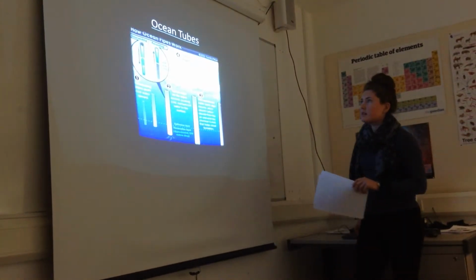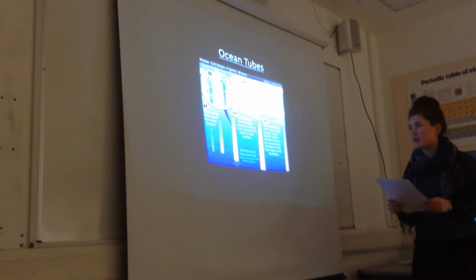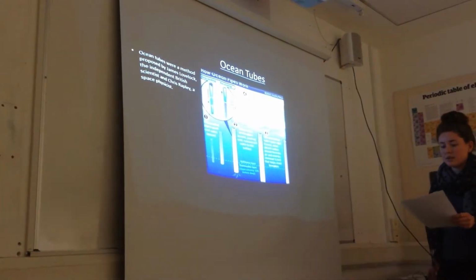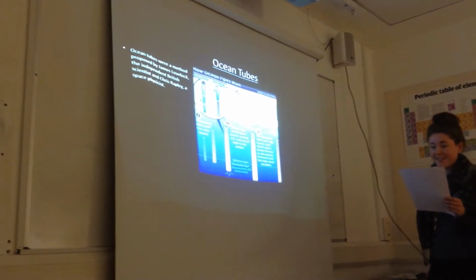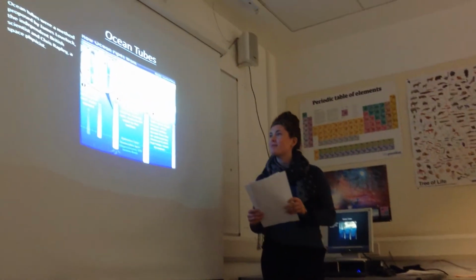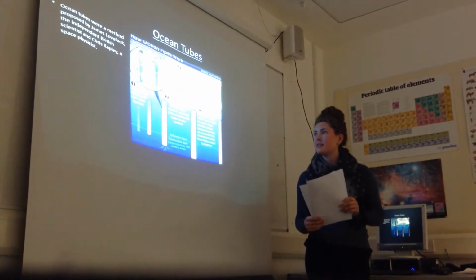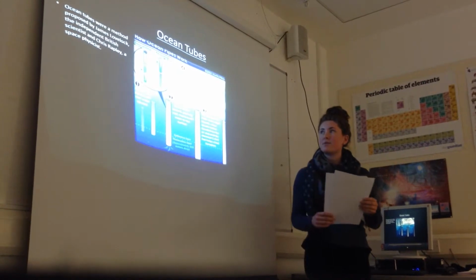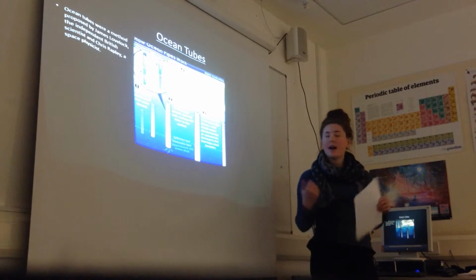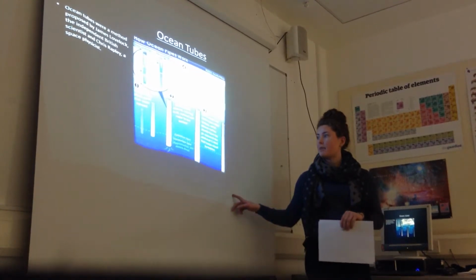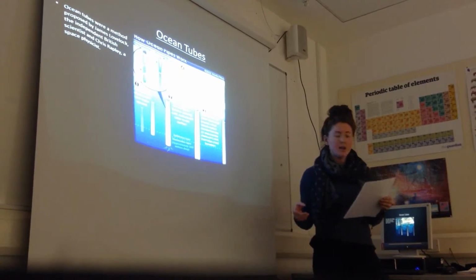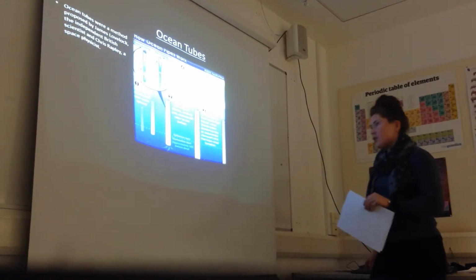So the ocean tubes have been a proposed solution by James Lovelock, who's a British scientist, along with Chris Rapley, who's a space physicist. They wanted to use the fact that oceans are a natural sink to their advantage by coming up with these ocean tubes.